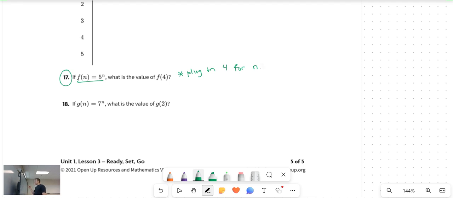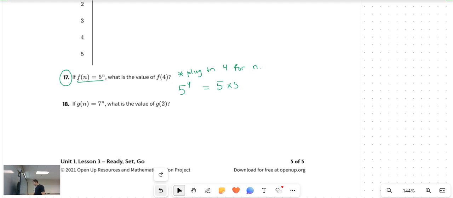All right, and when we do that, we would end up with 5 to the 4, which we did on the previous homework assignment, but we can do again, right? That is just 5 times 5 times 5 times 5.